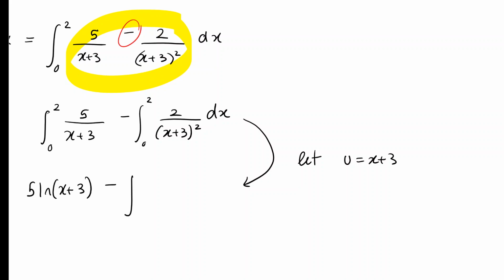When you differentiate this, you'll get a constant term, like the term at the top of this here. du dx is equal to 1, therefore du is equal to dx. Make those replacements. So 2 over u squared du.